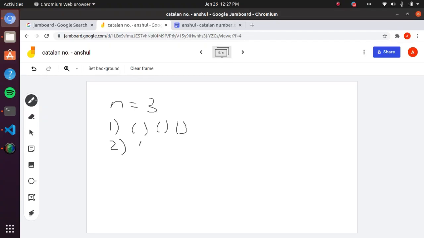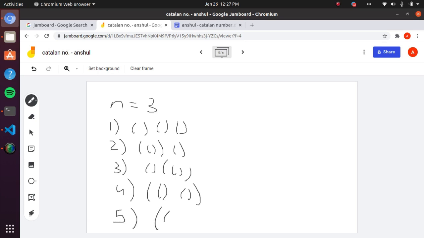Second is when we put one pair inside another, and third is the same but arranged differently. Fourth is putting two pairs inside one pair. And fifth is putting them like this. So these are the only five cases possible for three pairs of parentheses.